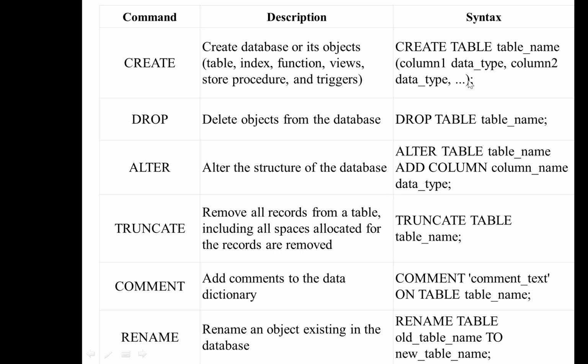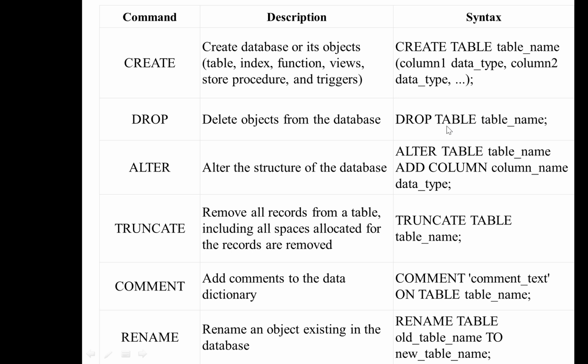The next one is the drop command. This drop command is used to delete objects from the database. First of all, we have created a table in the database. Whatever table we have created, we can drop the table by using this command. Drop means delete objects from the database. For that we have to follow the syntax DROP TABLE and then table name.